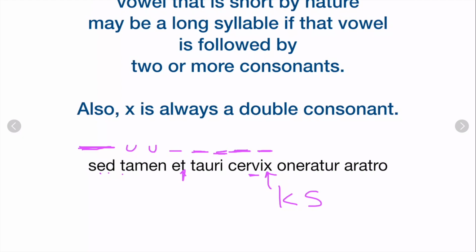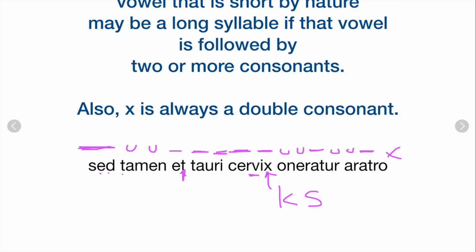It's a double consonant all by itself. Okay. Short, short, long. That's a first conjugation verb. What is it? Present passive indicative. So it's long by nature. Short, short, long, and then the last one doesn't matter.